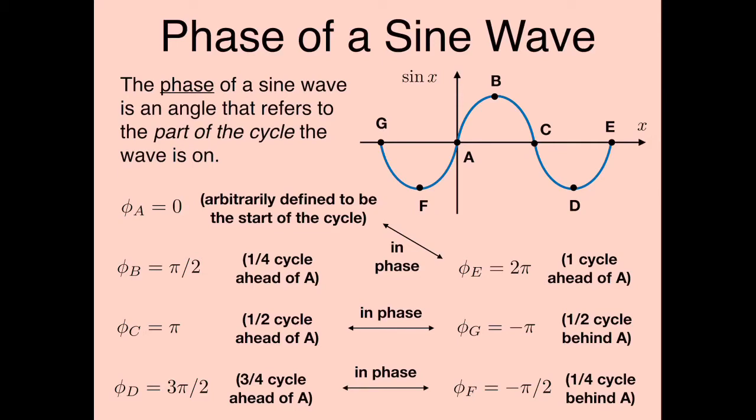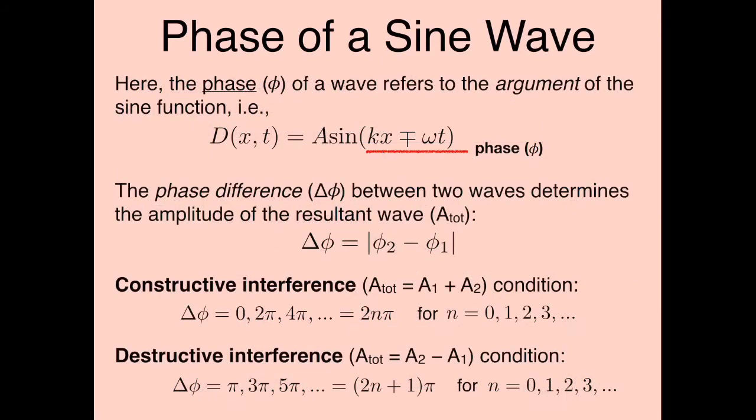That's the idea. So remember, when it comes to a wave, we can express it in terms of displacement d, which is a function of position x and time t. And the general form of this is A times sine(kx minus or plus omega t).